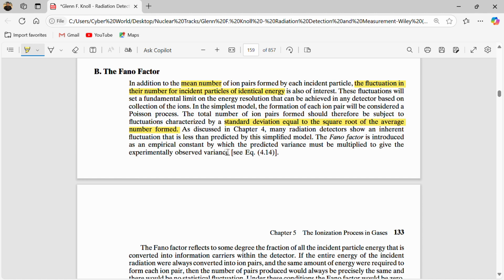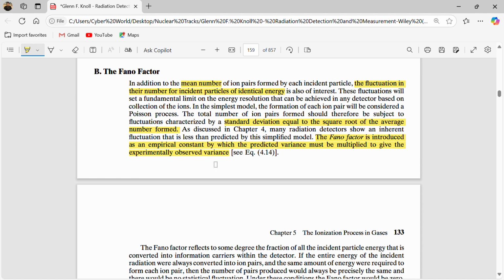The Fano factor is introduced as an empirical constant by which the predicted variance must be multiplied to give the experimentally observed variance. Okay, variance. What is variance? The standard deviation, basically. Understood?